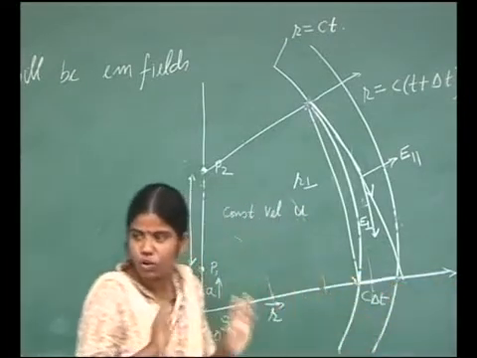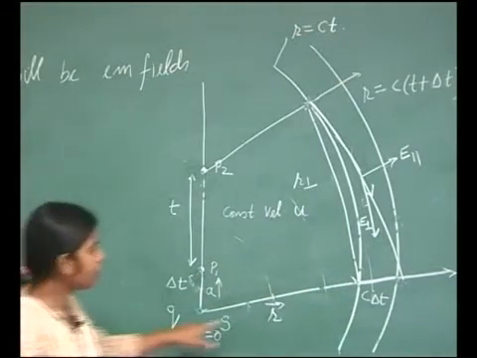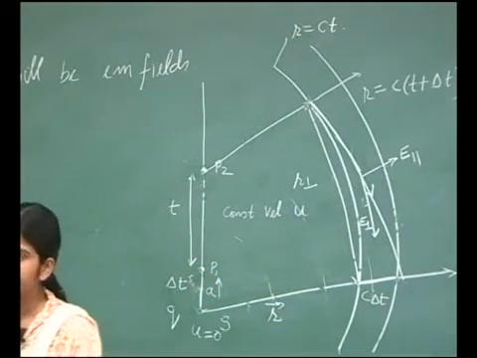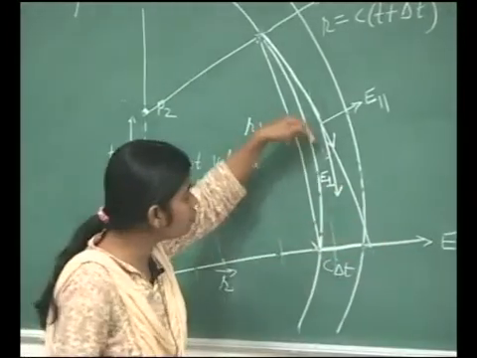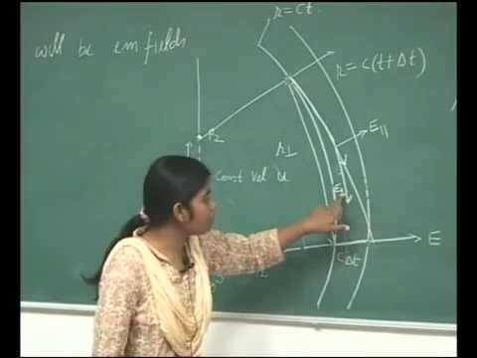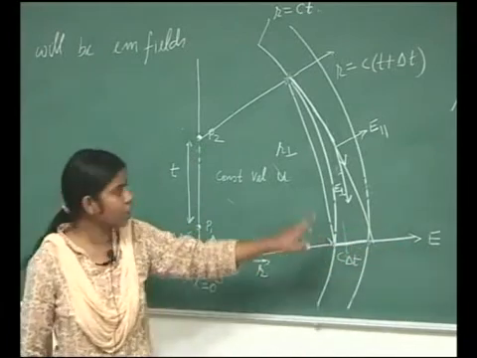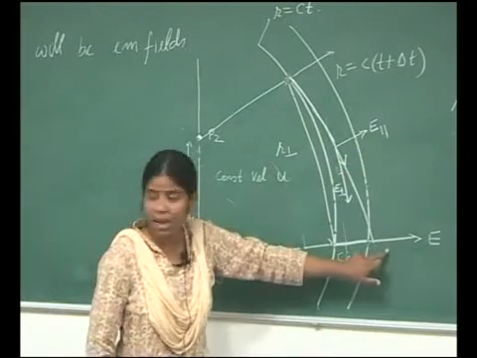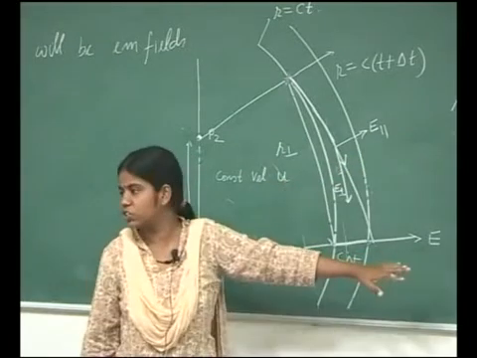If the acceleration in this region is producing an EM field, then the field associated with it should be E perpendicular. Is it clear? Because only E perpendicular is perpendicular to the direction of propagation. That is why I have given the names E parallel and E perpendicular.